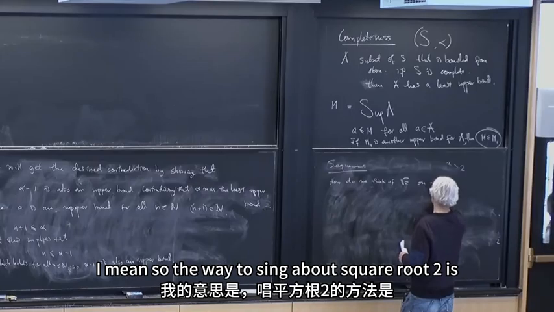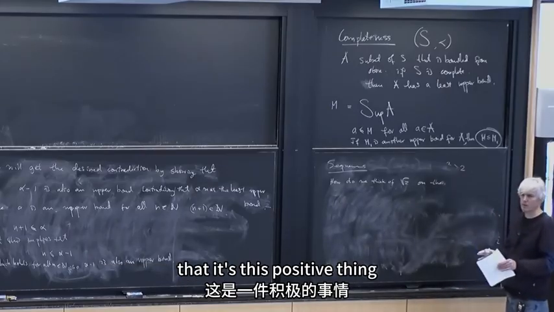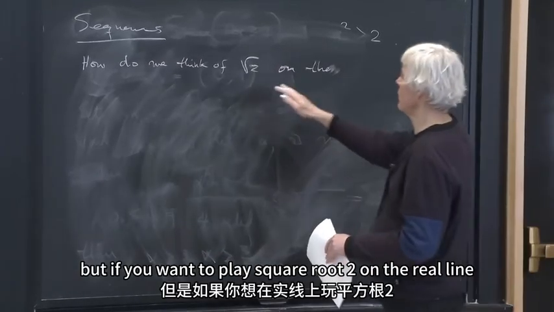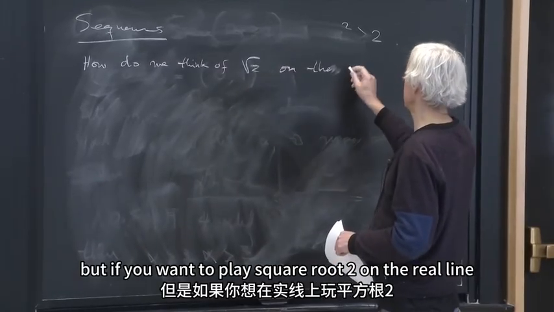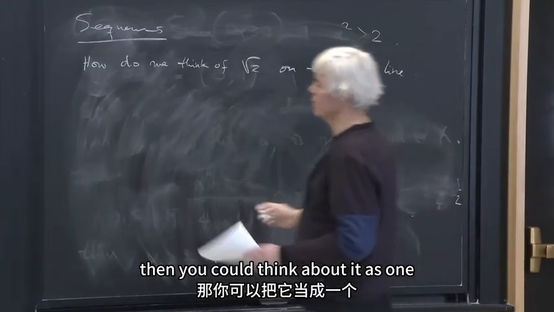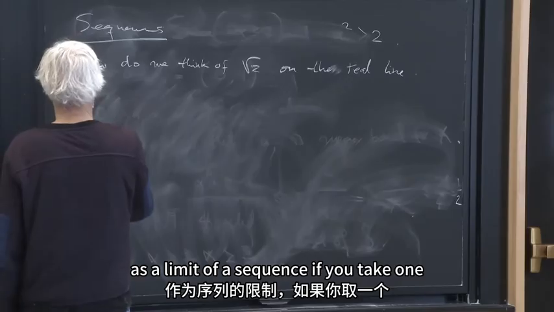The way to think about square root of 2 is what we did here, that it's the positive number whose square is 2. But if you want to place square root of 2 on the real line, then you could think about it as a limit of a sequence.